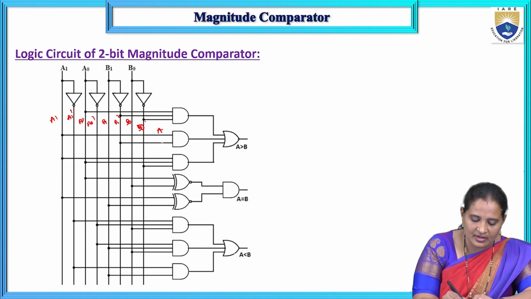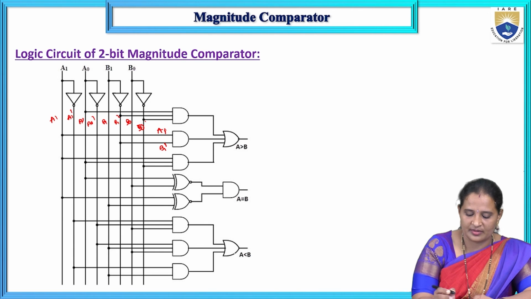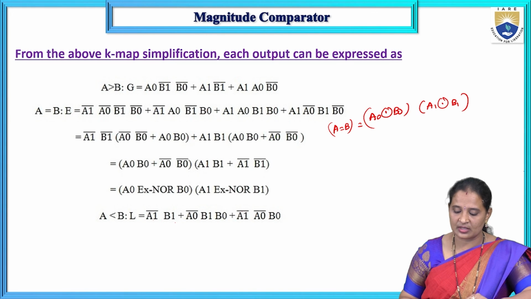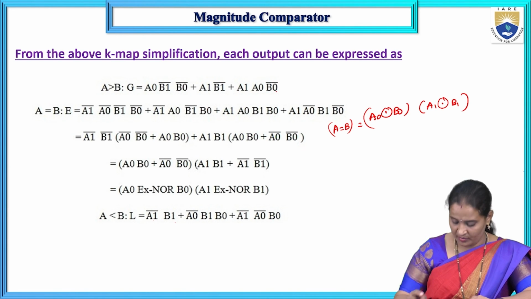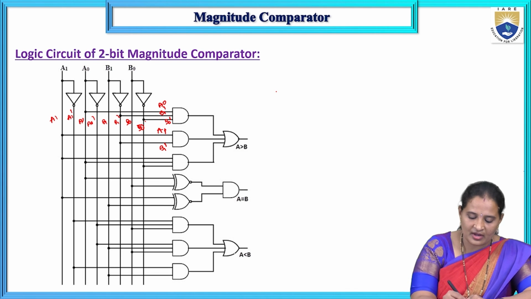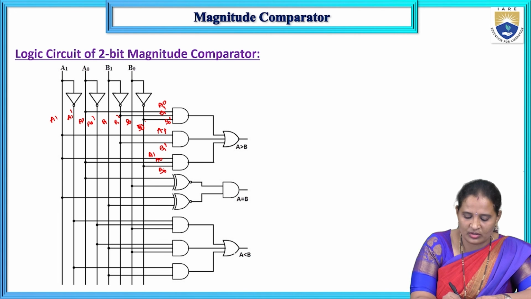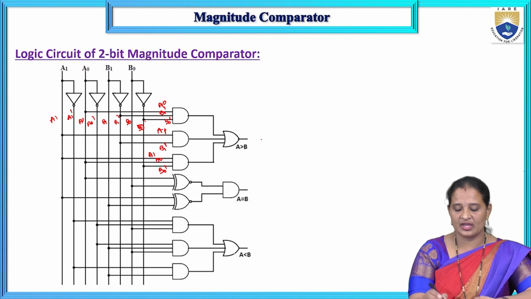This is A1 and this one is B1 complement. This one is A0, B1 complement, B0 complement. And coming to the third term, what is the third term? A1, A0, B0 complement. This is A1, this is A0, and this one is B0 complement. So this is how we can get the logic circuit.